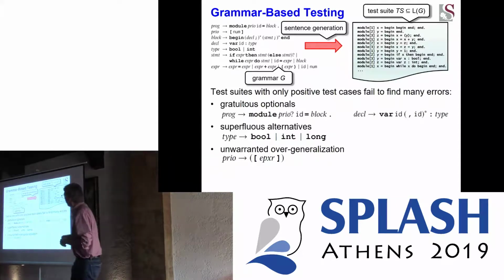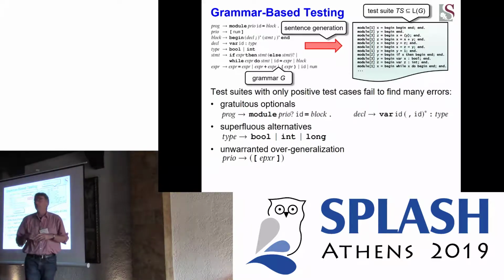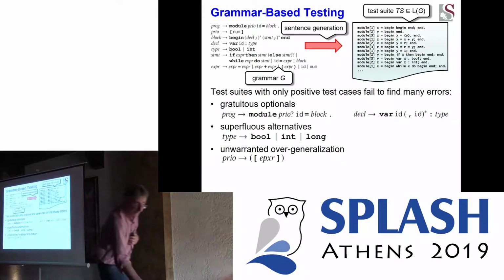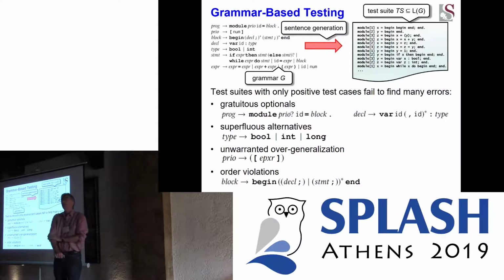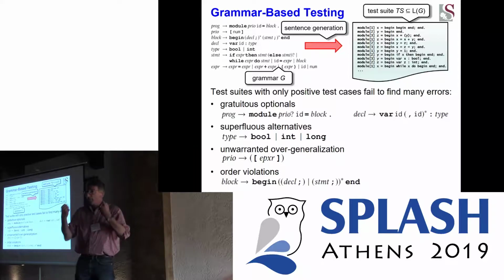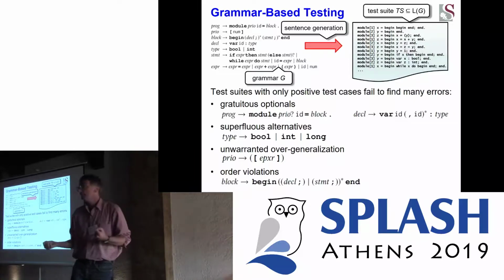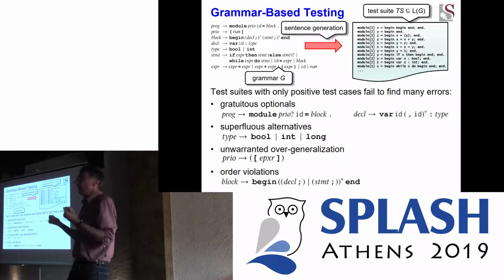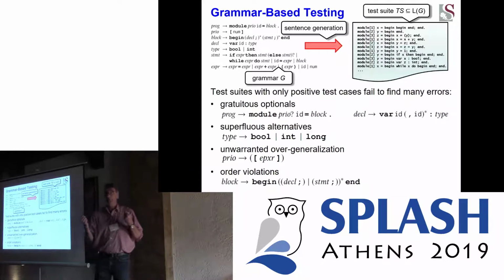If it allows an expression at the priority rather than just a numeric literal, or if it is not so fussy about the order, so declarations and statements can be mixed. Our grammar that we use to generate the test suite always has the declarations before the statements, because that's what the grammar says, right? But our parser will eat up everything. We never ask it to eat something wrong, so we never find out.